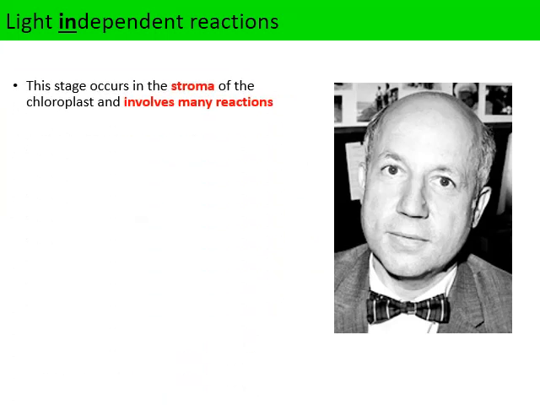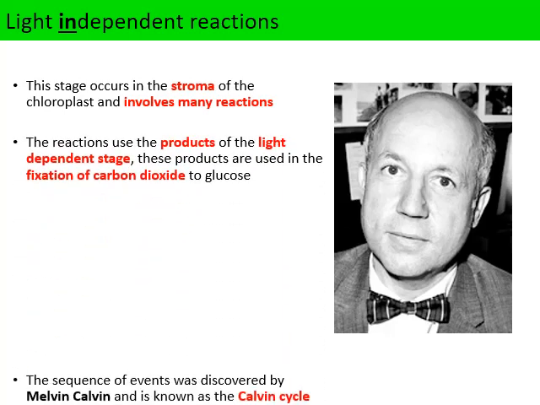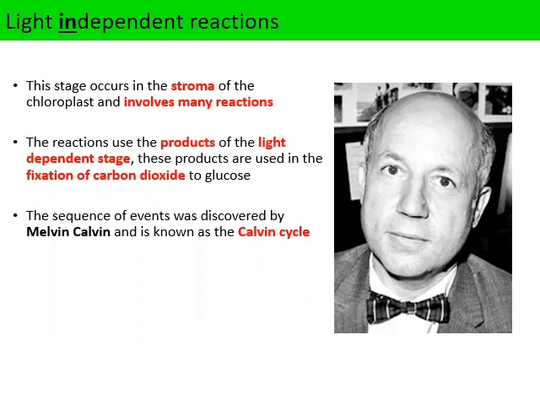Now, the series of chemical reactions that make the glucose in the stroma of a chloroplast were first elucidated by a scientist called Melvin Calvin. And he basically worked out the organic molecules within this cycle.